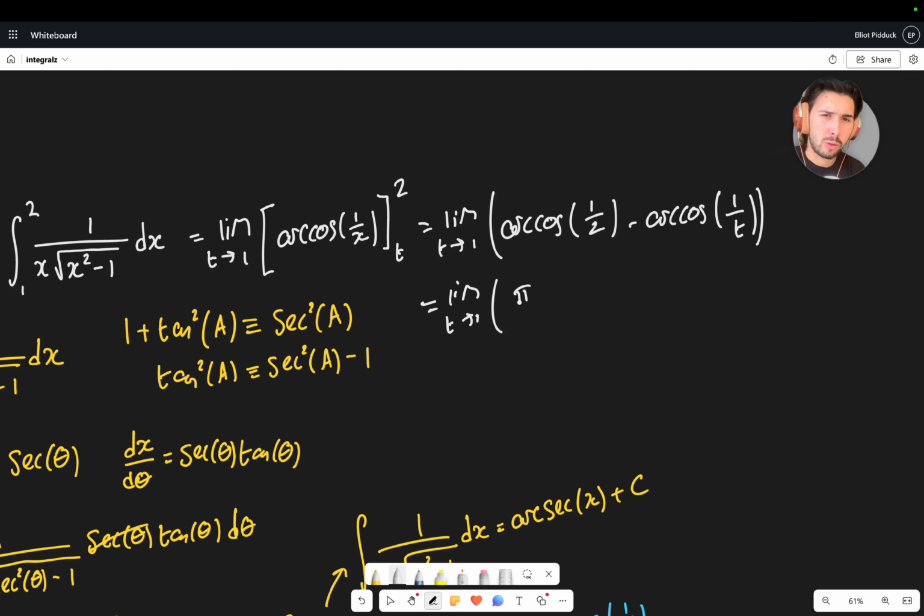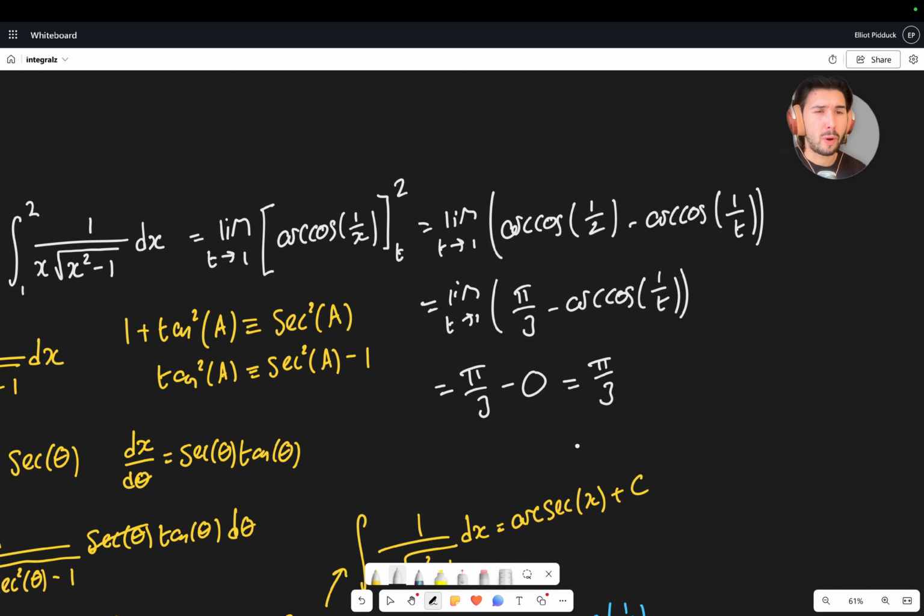Okay, so pi over 3 that is, minus, again, we've got arc cos of 1 over t. Now, let's actually let t be the number 1 here and see what happens. So this ends up being pi over 3 minus arc cos of the number 1, right? Because it's 1 over 1. And arc cos of the number 1 is just 0, right? Because cos of 0 is 1. So this is just 0 here. So we've got pi over 3 as our final answer.